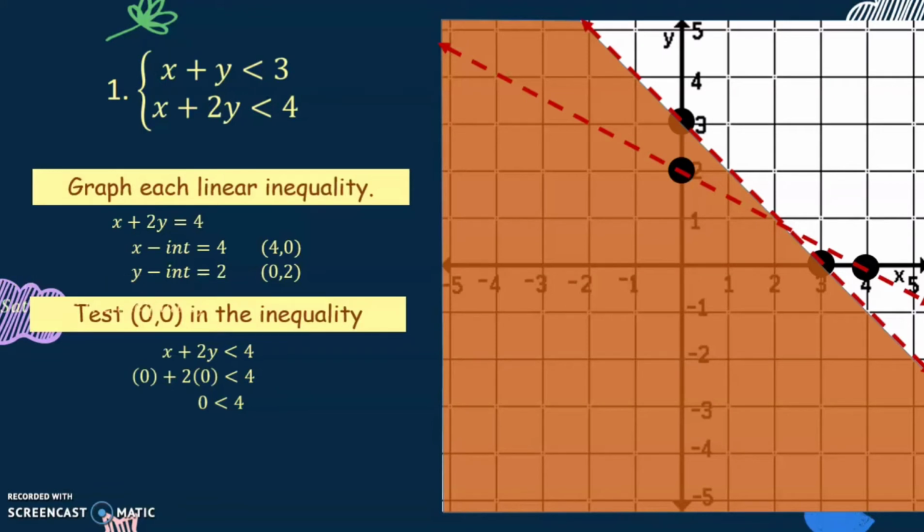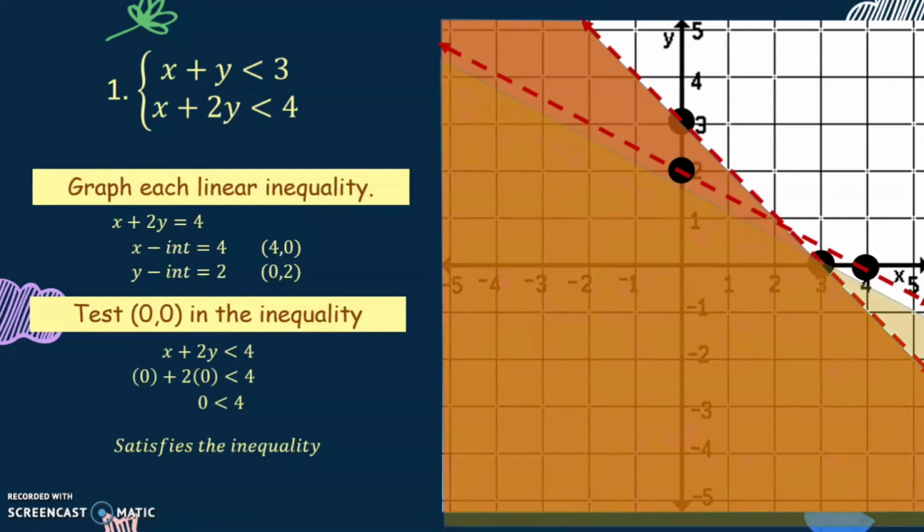That's true. It means it satisfies the inequality. So if this is the test point and it satisfies the inequality, then you have to shade the side of the boundary line that contains the test point. So that is the graph of the second linear inequality.